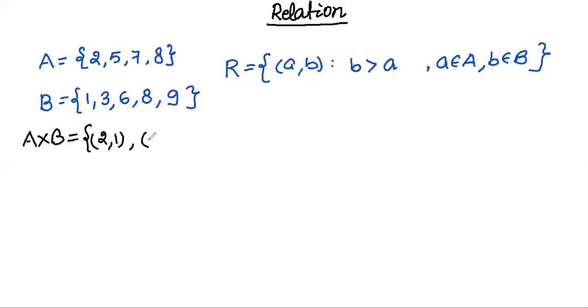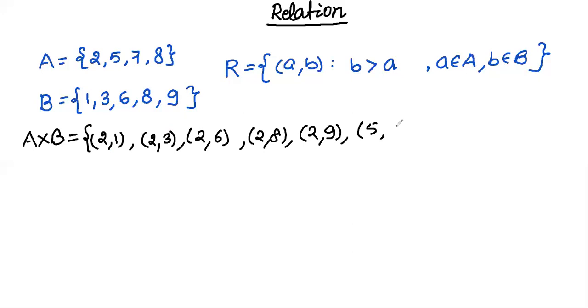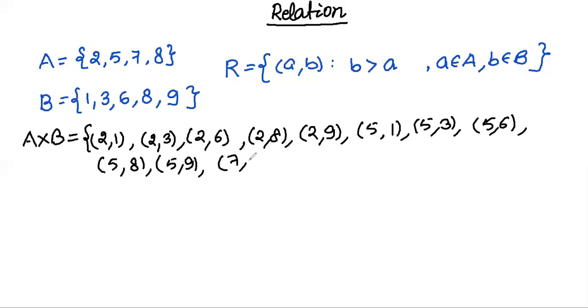Each element of A is related to B. So (2, 1), (2, 3), (2, 6), (2, 8), (2, 9), (5, 1), (5, 3), (5, 6), (5, 8), (5, 9), (7, 1), (7, 3), (7, 6), (7, 8), (7, 9).